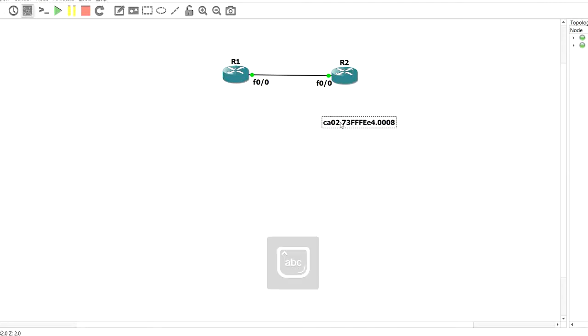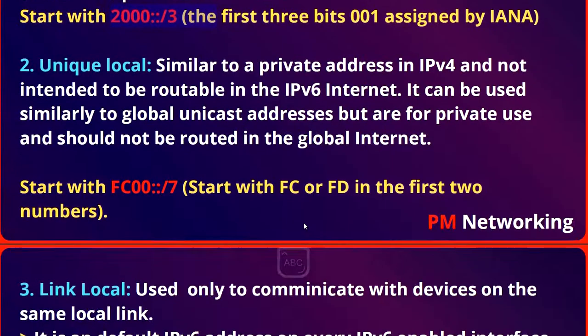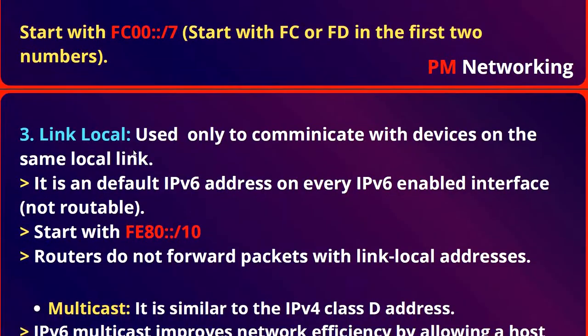And then here we need to put a dual colon, and on the 7th bit, let me convert the 7th bit. So the 7th bit will be 8, and at the start we need to add this one, FE80.